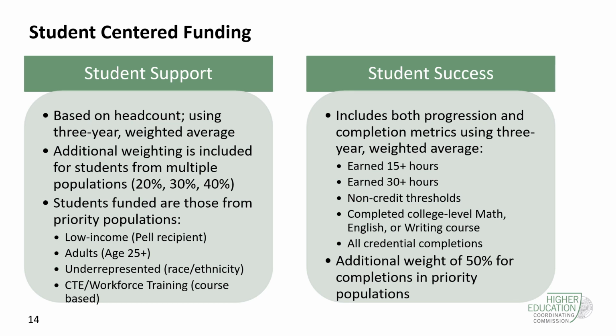And then we add additional weight of 50% for those completions earned by students in those 4 priority populations. The idea is that this is a way to counteract any effort to ensure that students are brought in with the skills they need, right?